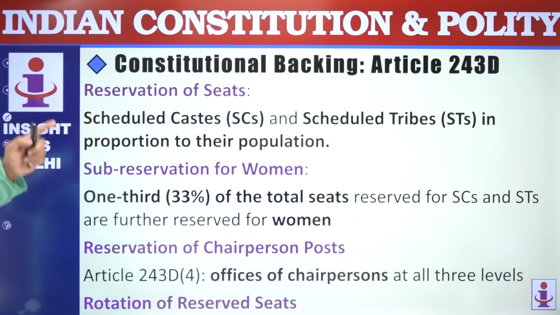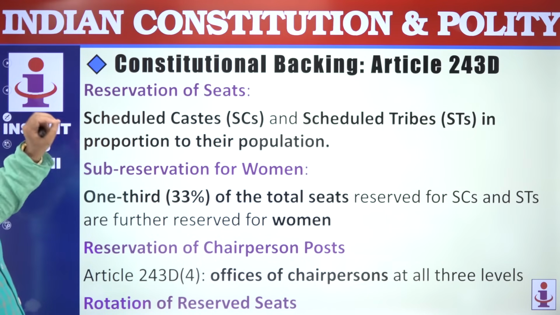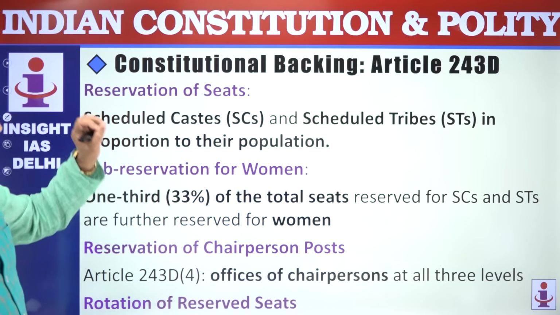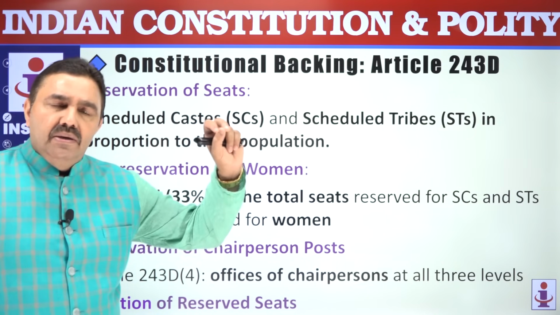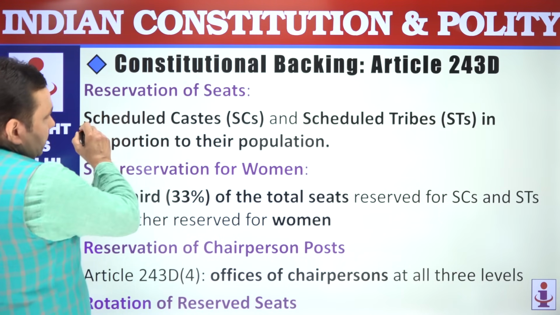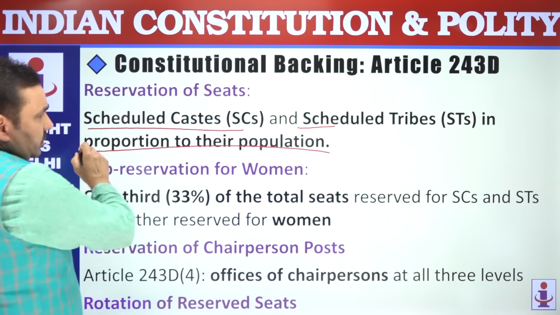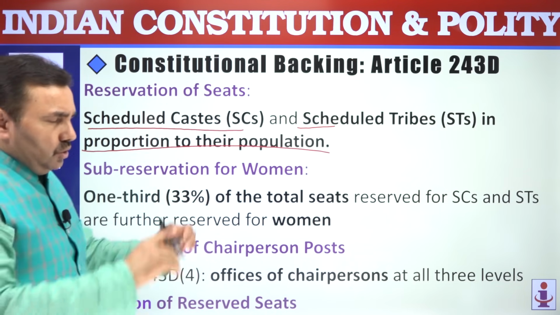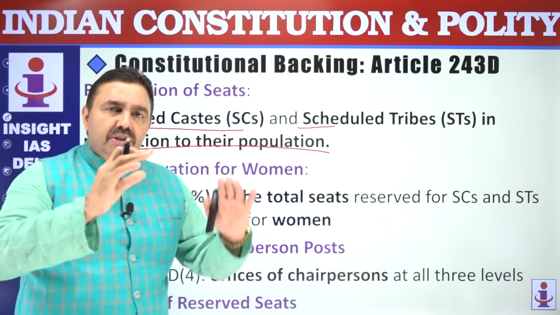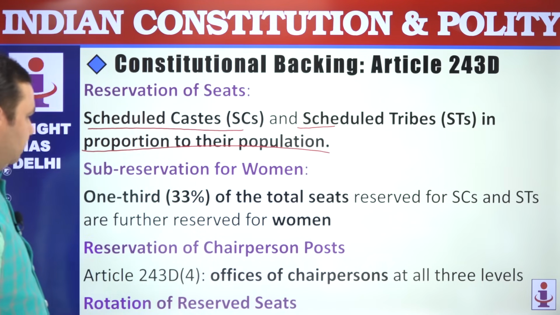Let us see. Constitution backing, Article 243D. Article 243 Clause D provides for reservation of seats for different sections of the population in local bodies. Reservation of seats is there for SCs and STs in the proportion of their population. So seats are reserved in the proportion of the population of SCs and STs in local bodies or in panchayats.